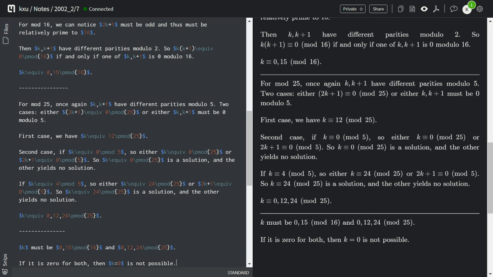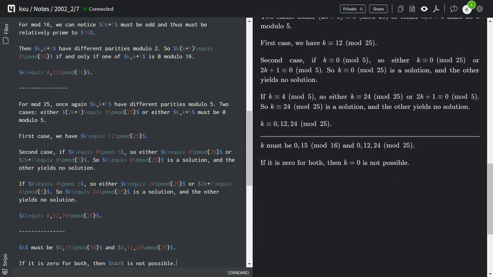Actually, we can just do some casework, I guess. From here, it's not really that hard to finish the question. The intuition is that one of them should be 0 because we want as low residues as possible.